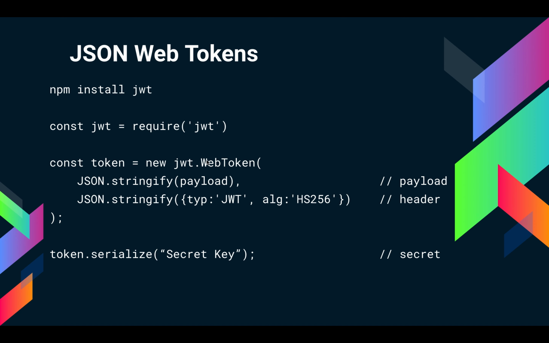But we create a new web token. We pass it a stringified payload, so that's our object that we want to store. And we also pass it the header. So this is why JWT is not a super nice library, because we always have to pass it this header. I would prefer if it always defaulted to this. If we didn't have to stringify these things, that would be nice. But it's not so bad.